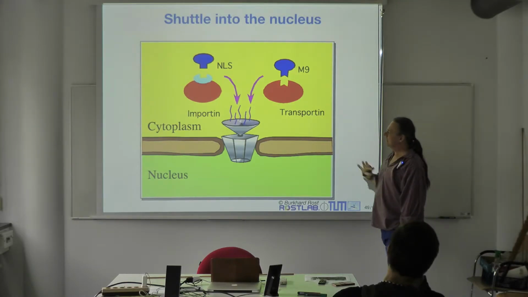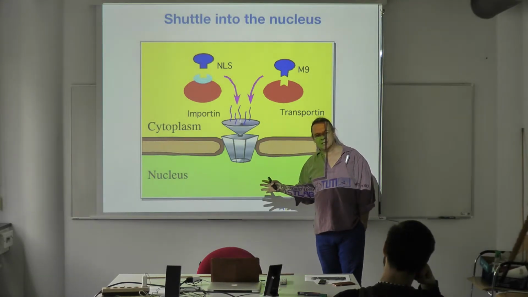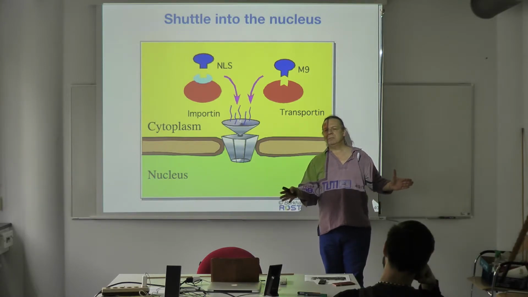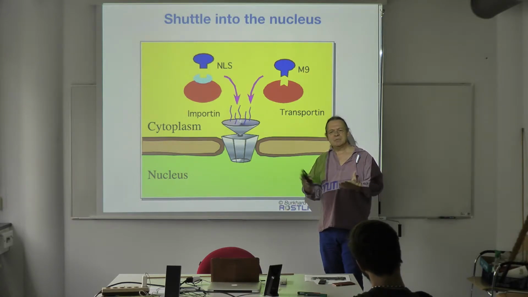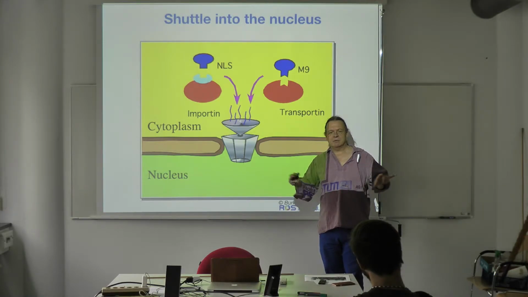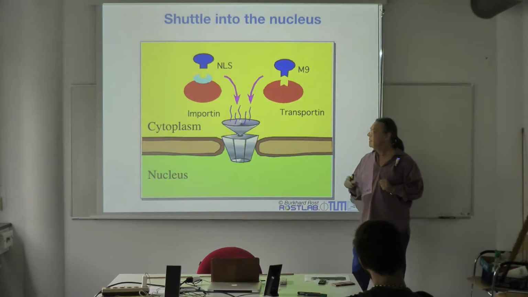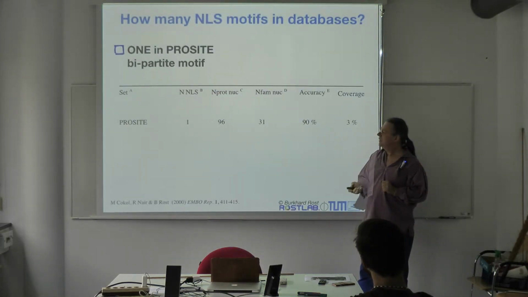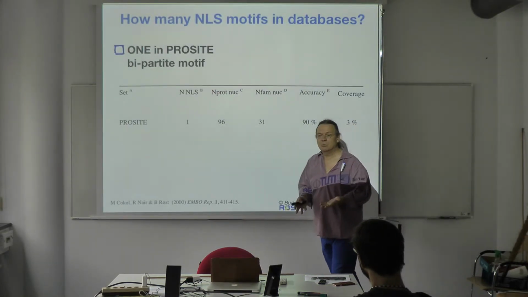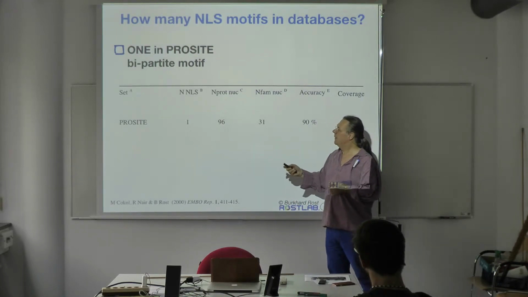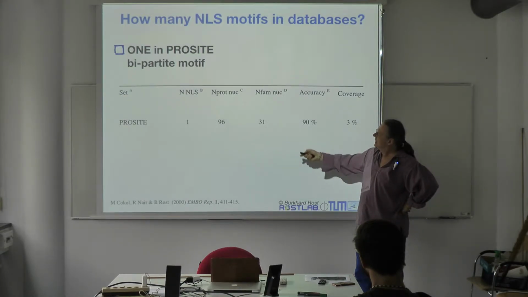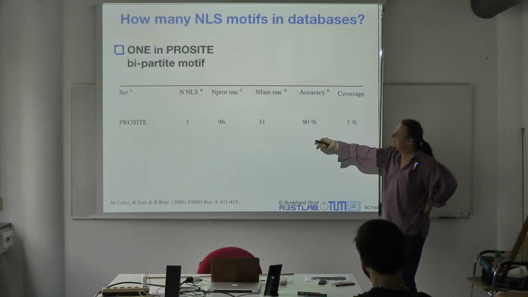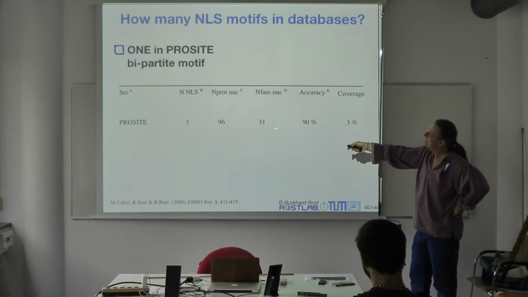Now, these motifs are more complex in the sense that they are not always at the beginning, not always in the middle, not always at the end. They come at different places. Sometimes the ones that are experimentally characterized are regular expressions, and sometimes more complex regular expressions. When we began our work, there was a database for these types of biological motifs, called PROSITE. In it, there was one nuclear localization signal motif that matched in 96 proteins, and 30 of these represent roughly 30 families.